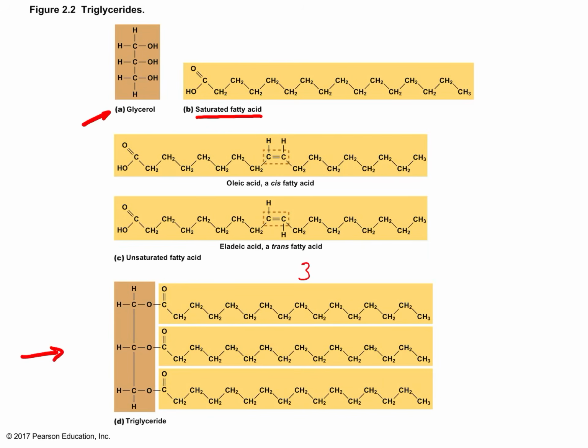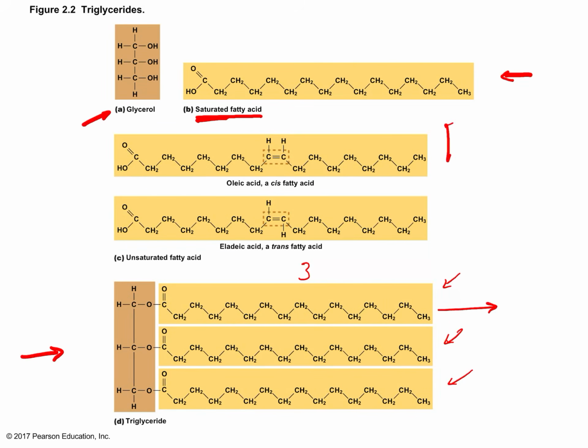The fatty acid tails can be different. Each one of these can be completely different from the others. They can differ in length, how long the fatty acid tails are, or in the number of double bonds. A fatty acid that has all single bonds, like you see here, is called a saturated fatty acid.